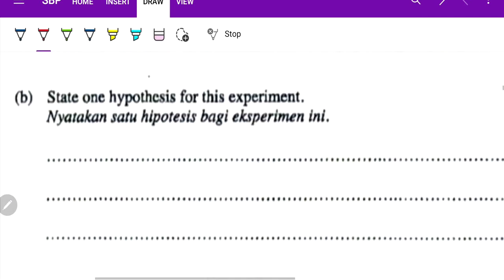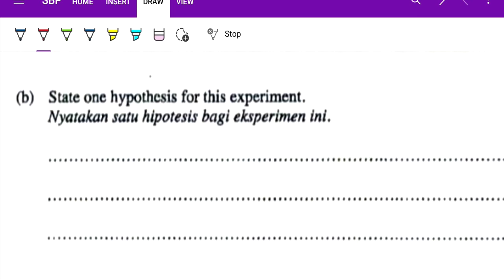Now state the hypothesis for this experiment. Just now we know that our MV is the type of alkali, and our RV will be heat of neutralization.